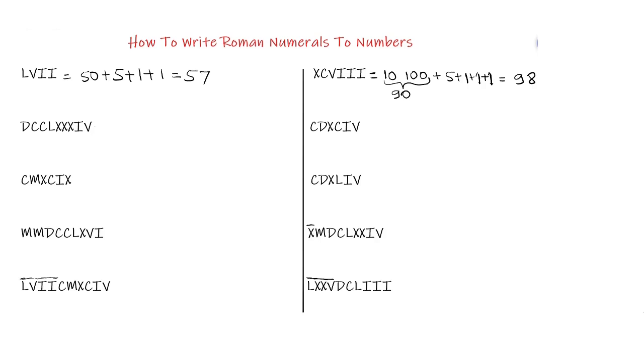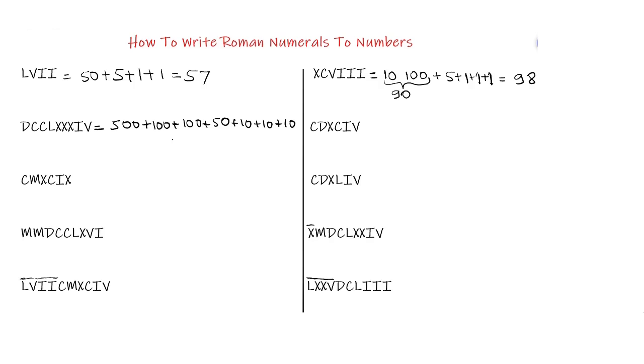Now we go to next number, DCCLXXXIV. I am putting the values of symbols. D is 500, then plus C is 100, then again 100, L is 50, then XXX are plus 10, plus 10, plus 10, plus IV.